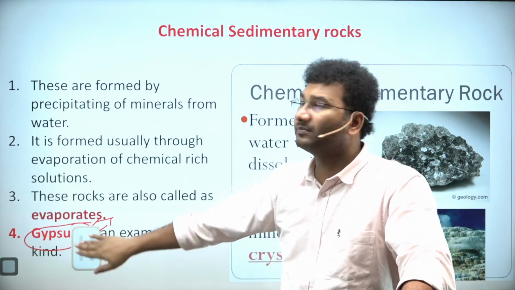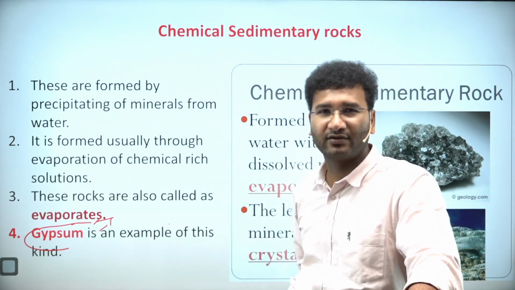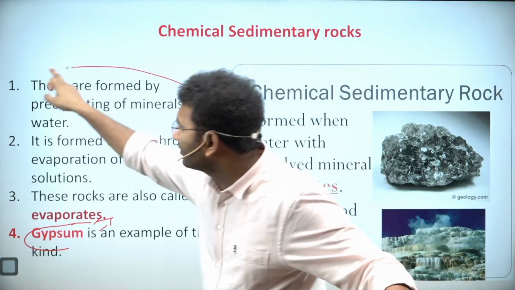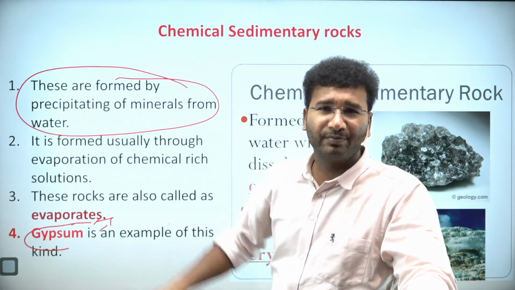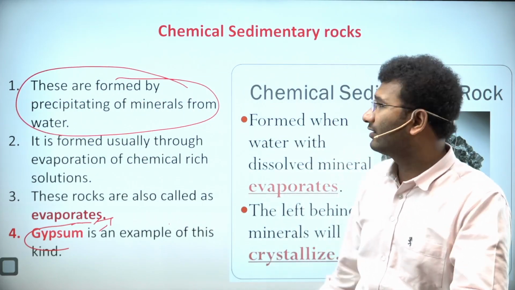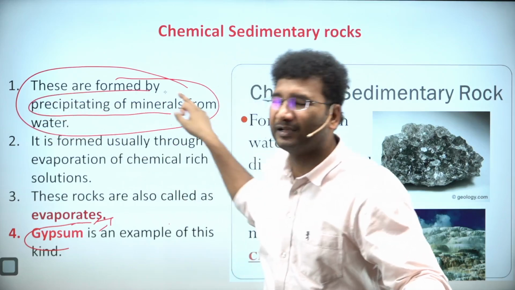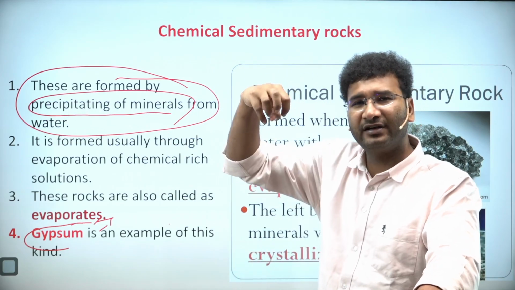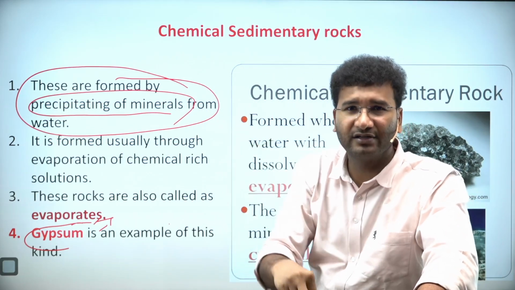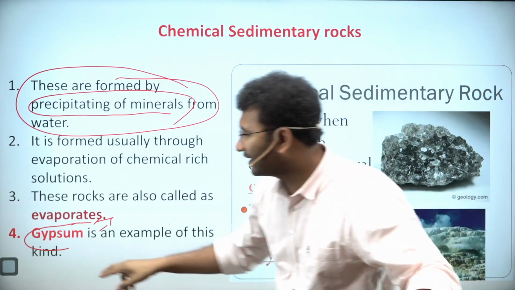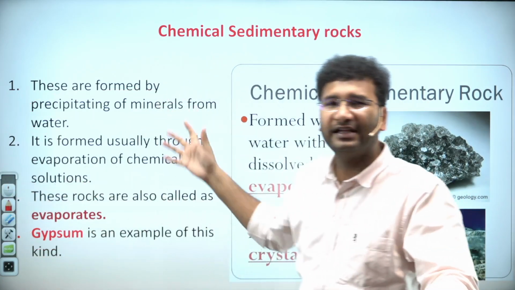Now this gypsum is an example of chemical sedimentary rocks, but they are formed because of a process called precipitation. Okay? They are formed because of precipitating minerals. Precipitating minerals means if there are minerals, they get precipitated, they settle down at the bottom. That is why they are formed. And they are chemically active.